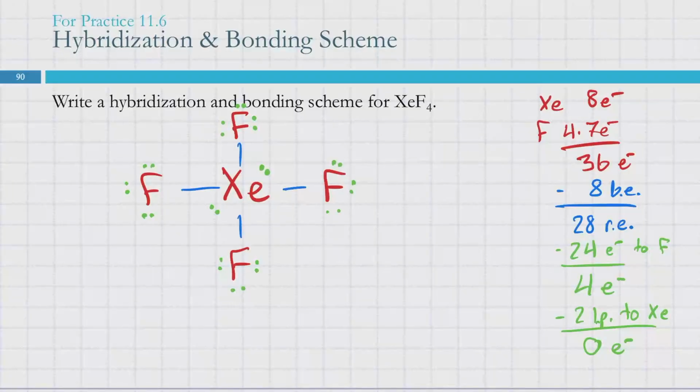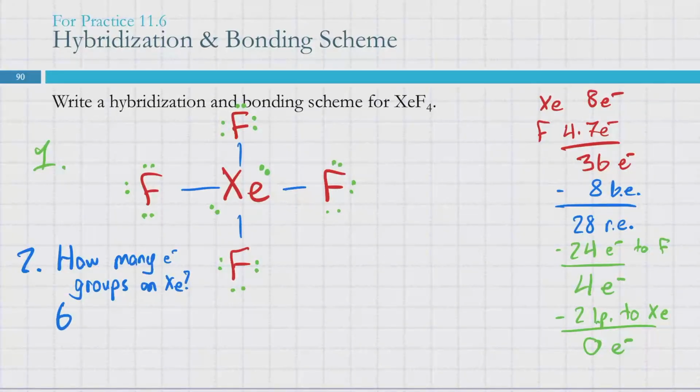That would be our Lewis structure. How many electron groups do we have on our xenon? Yes, it's 6. So our electron geometry is octahedral.